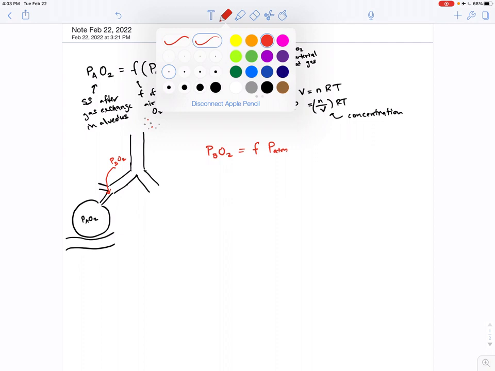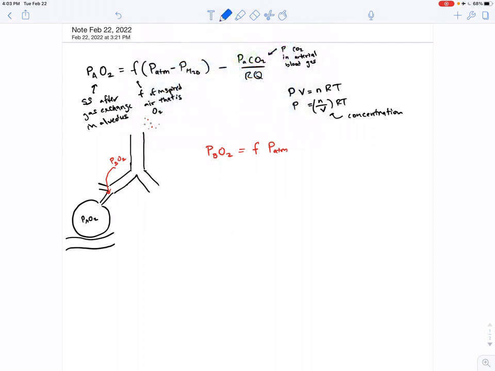The other thing that's going to be important is that inside of our airways we have a lot of water. Whenever water is present, specifically at a high temperature like the 37 degrees inside of our body, some of this water will evaporate.